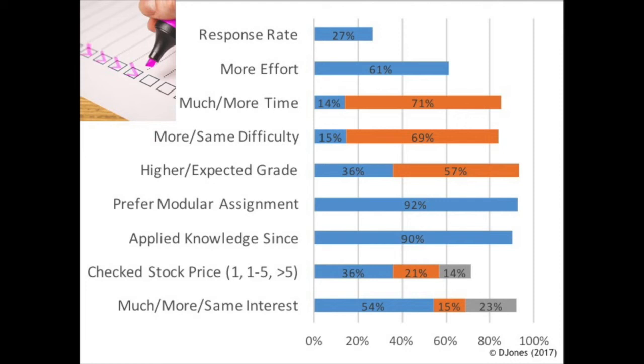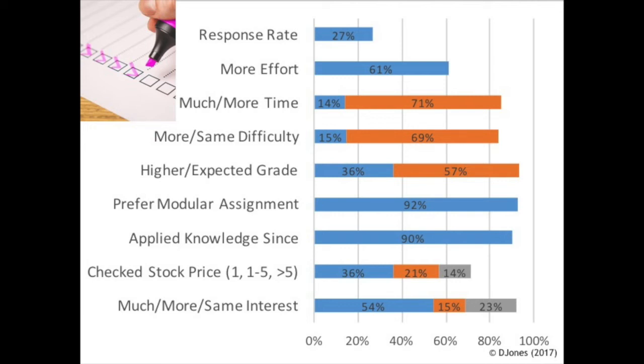About 69% said the same difficulty. Despite the fact that students were spending more time and effort, they still overwhelmingly preferred the modular assignment design at 92% compared to having to submit a single assignment at the end of the term, which would have contained basically all the parts together as one.